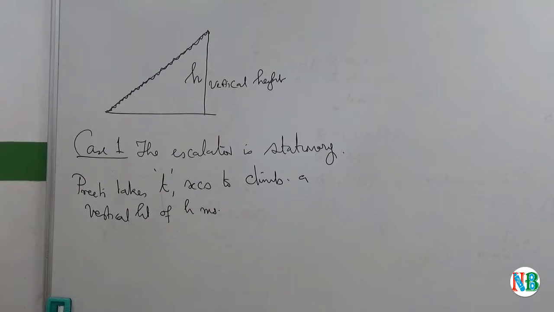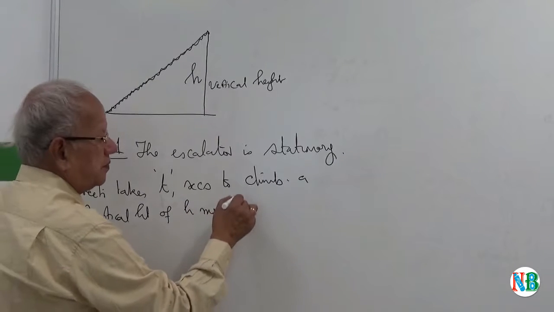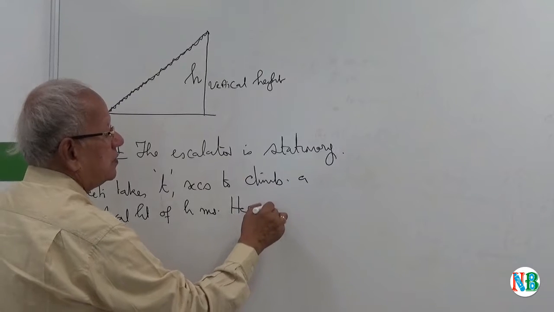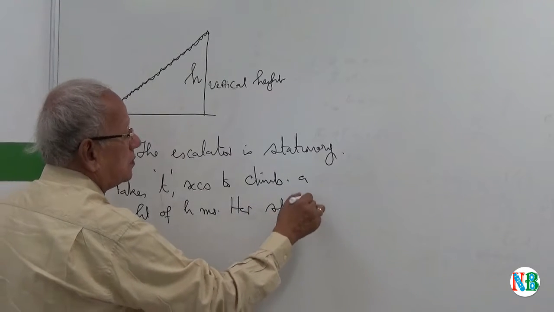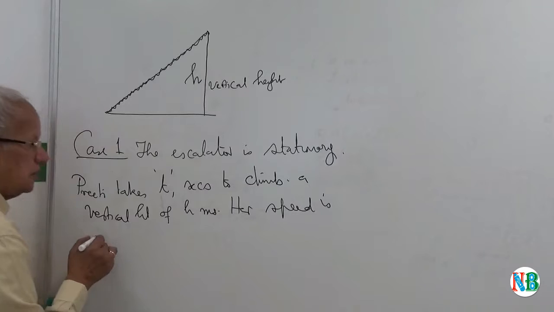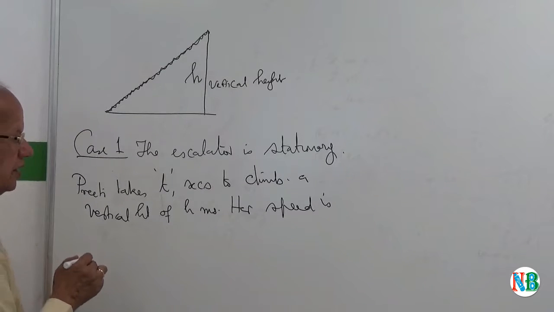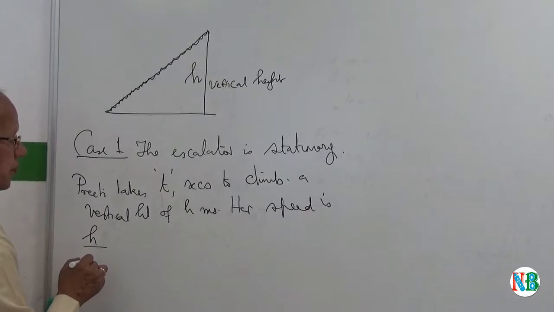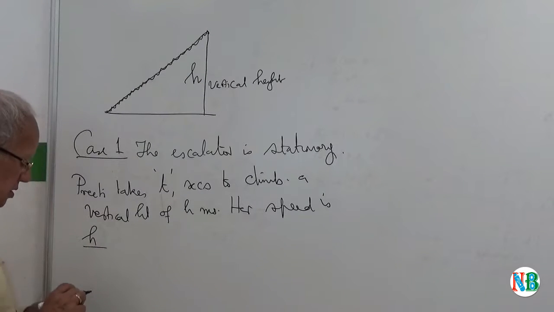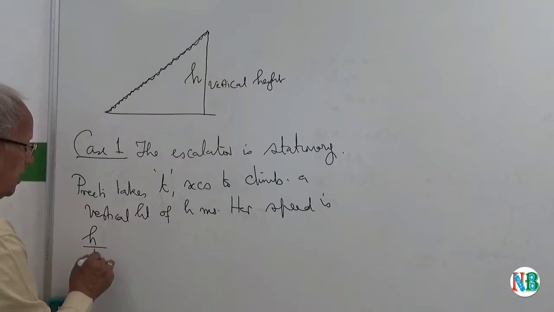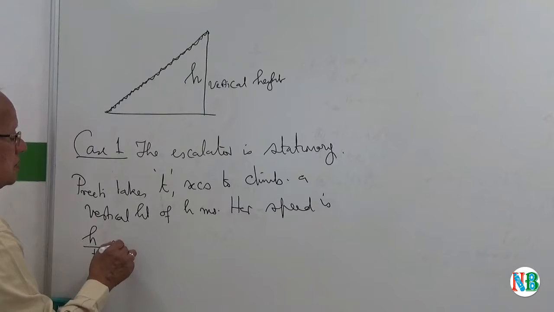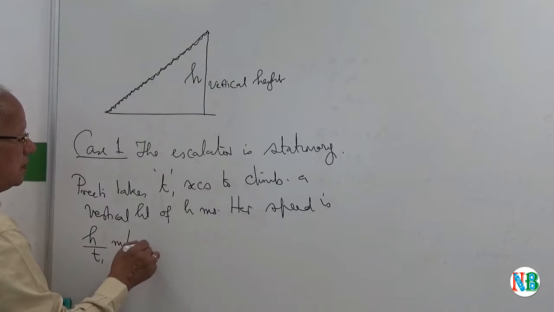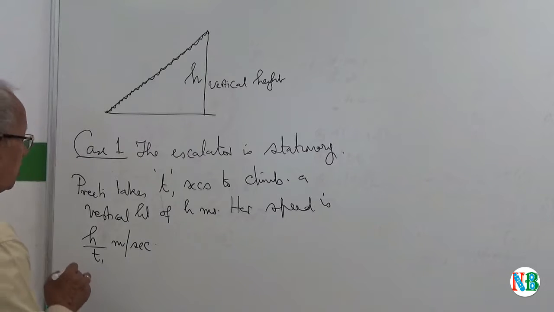So her velocity or her speed, see what is the speed? h by t1 meters per second. Let me call this as u.